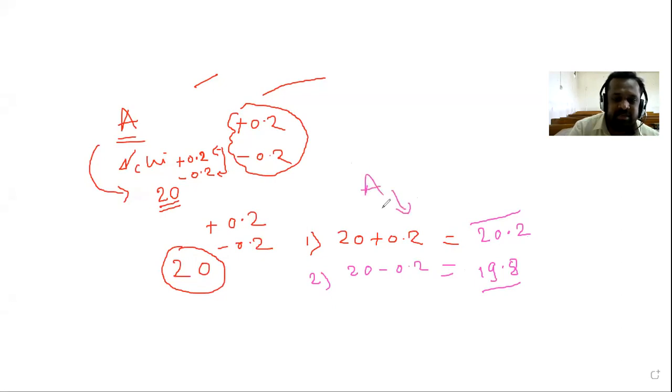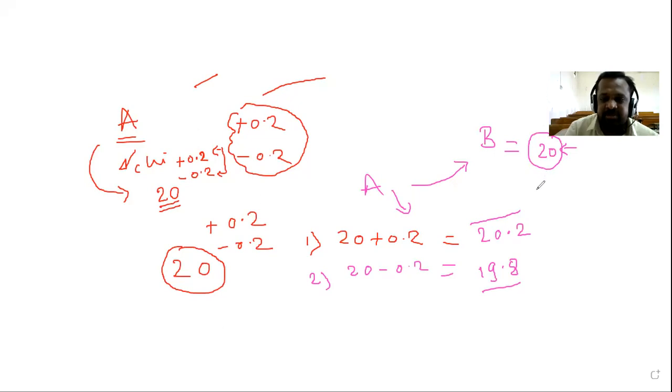That means that A person will tell that B person, prepare the shaft of 20 mm, but if you are not able to produce that exact 20 mm, then how much maximum permission has he given us?